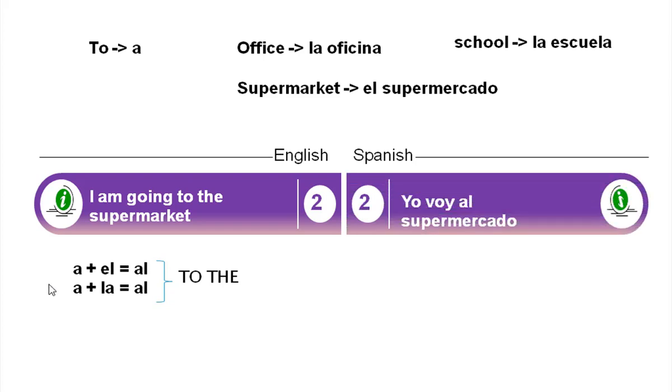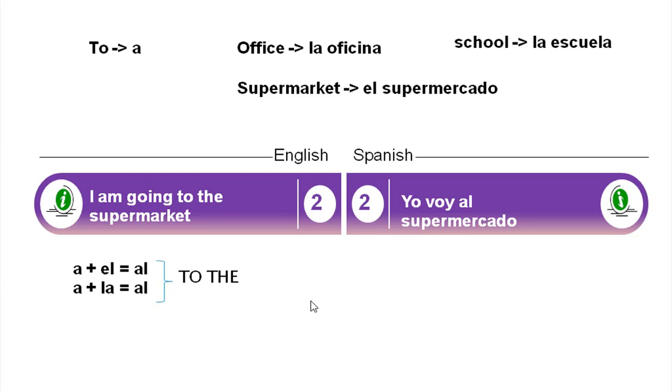But then we have another pattern over here. When we want to say to the, there are two ways of saying that. A plus el, depending upon the noun is feminine or masculine, the form of the will change. So a plus el is al, and if you want to say a plus la, it's again al, which means the same thing, to the.